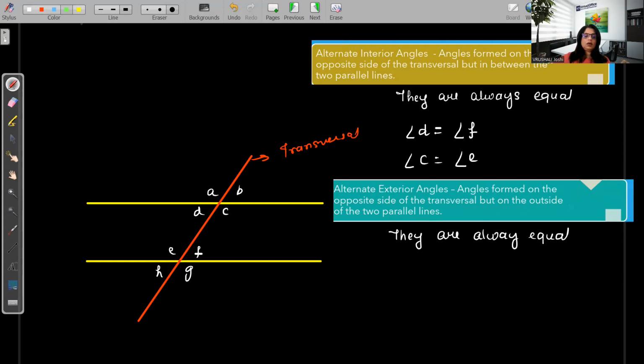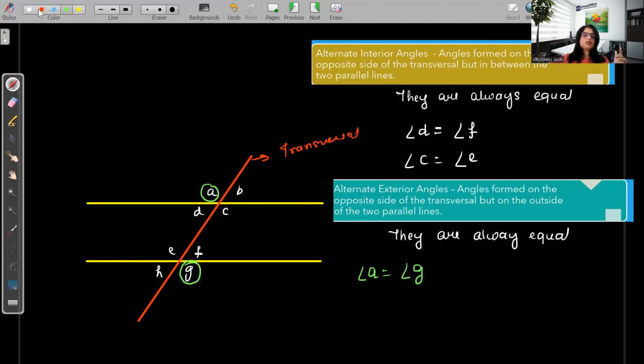Now, which angles are we talking about? We are talking about angle A, opposite. That means G. Angle A is equal to angle G. They are on the opposite side of the transversal, on the exterior of the parallel line, the outside of the parallel line, correct? All right.